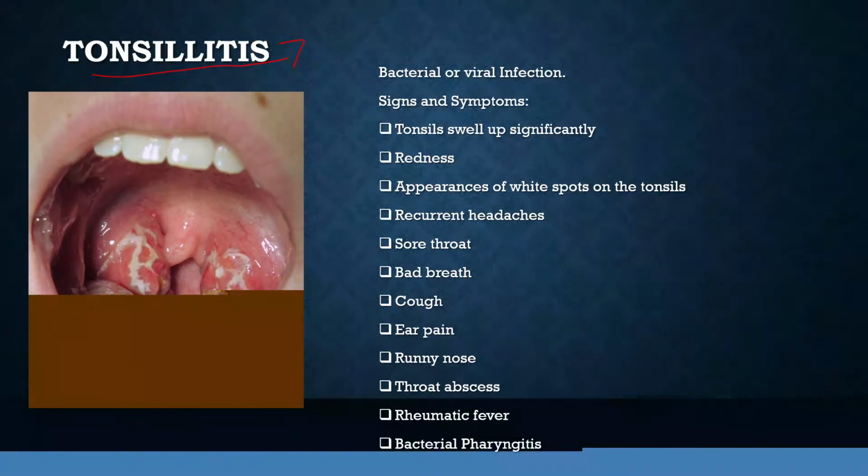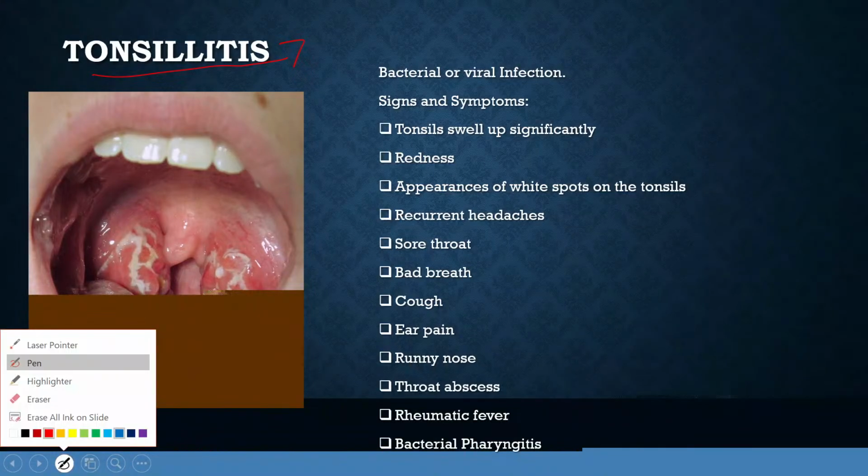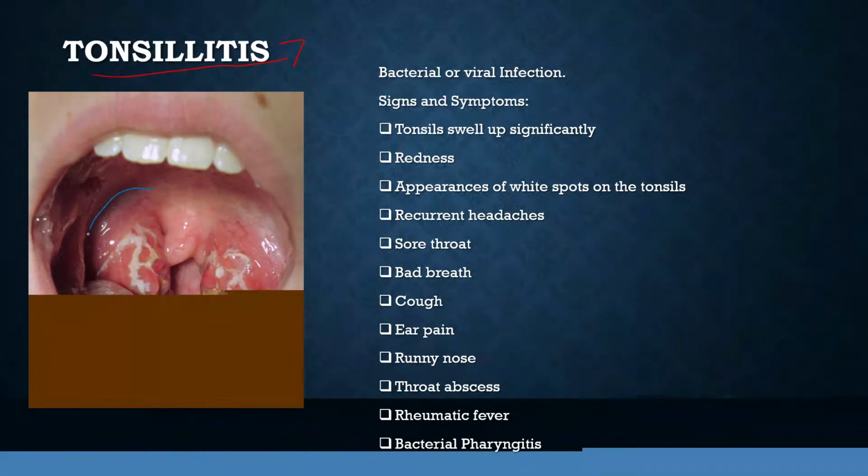These particular organs here, the ones that I'm circling using blue, they are called tonsils, and they can easily become inflamed and swell up.